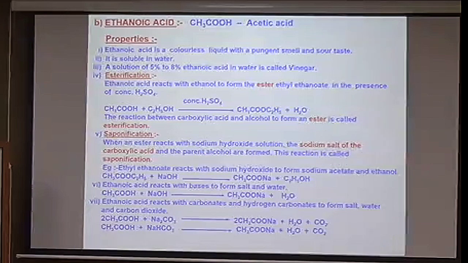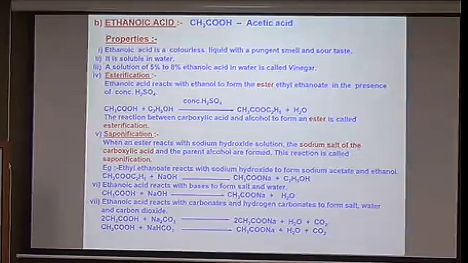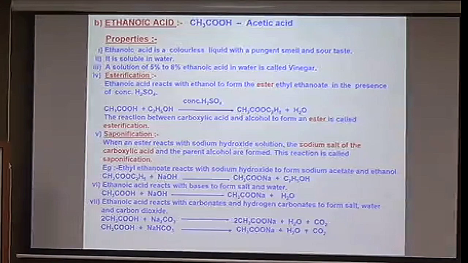The hydrolysis which is carried out using a base is called saponification, because just see, if I take this ester and it reacts with a base, let it be sodium hydroxide, it will form the parent alcohol, that is C2H5OH, and the sodium salt of the carboxylic acid.